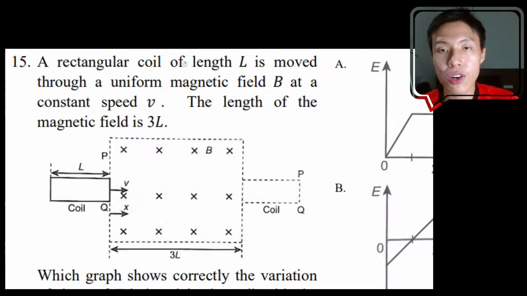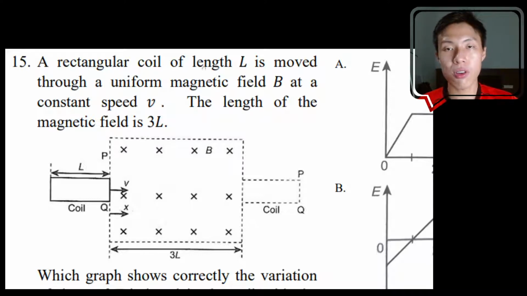A rectangular coil of length L, so this is length L for this rectangular coil, is moved through a uniform magnetic field B at a constant speed v. Okay, so you can see here they use a dotted line to represent the region that has uniform magnetic field. Inside this dotted line box, only we have uniform magnetic field. Outside this dotted line box, there's no magnetic field.